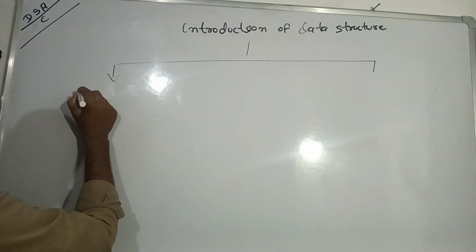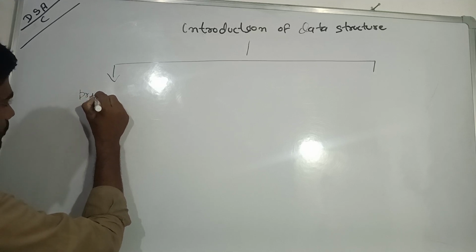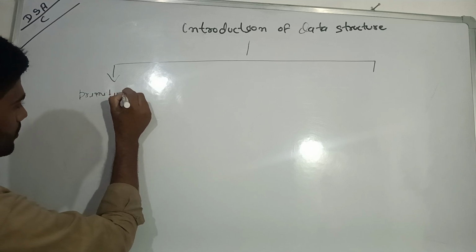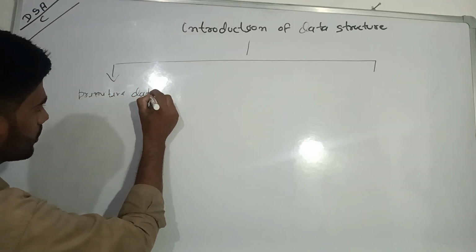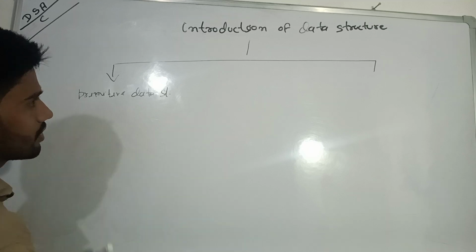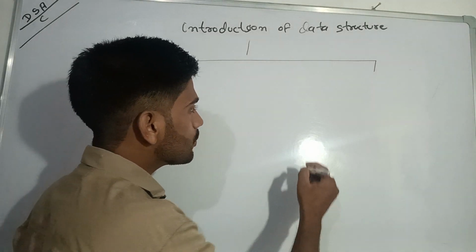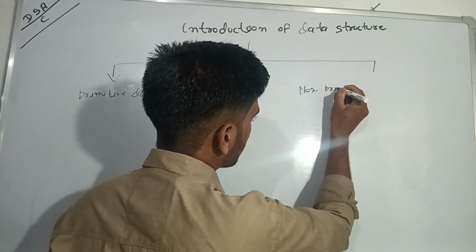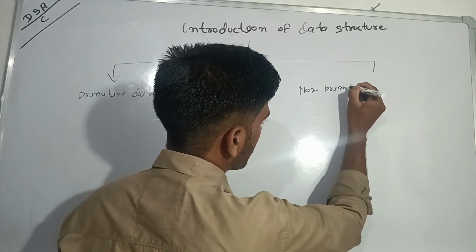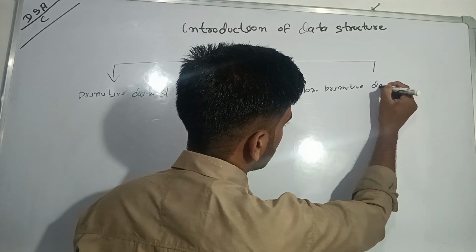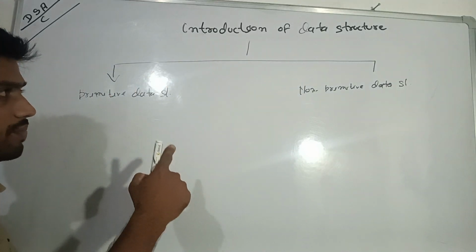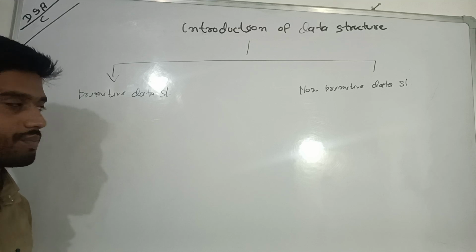First one is the primitive data structure, and the second one is the non-primitive data structure.